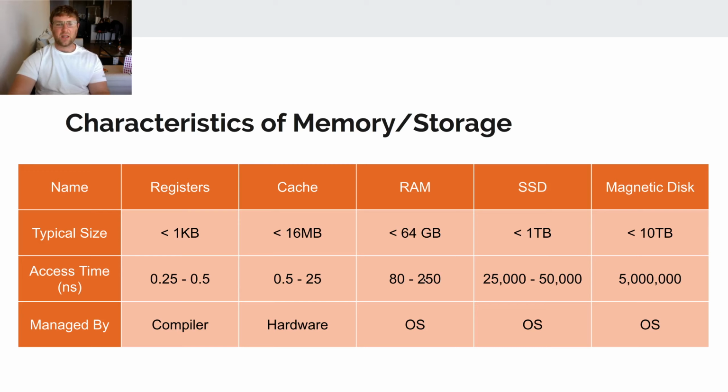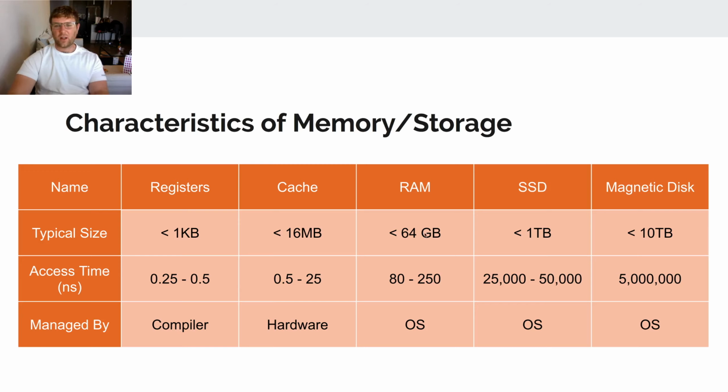Worst case, it's like 10 times slower to access something from RAM as it is from the cache. So that is possibly 50 times slower, so 500 times slower to access something out of RAM if it's not already in registers.